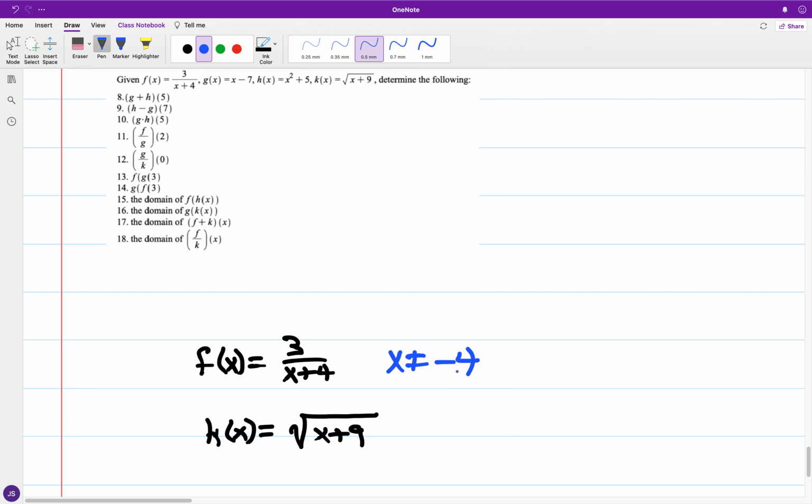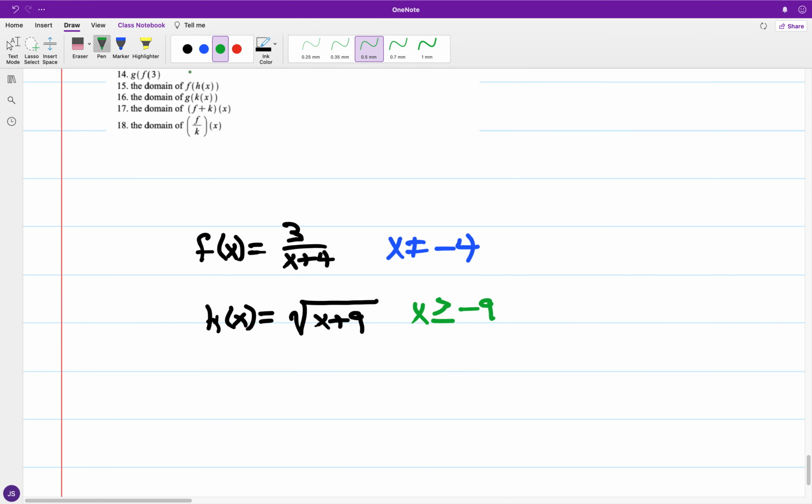And for k of x, x is greater than or equal to negative 9. And in the case of 17, for f plus k of x, x cannot be negative 4 to keep f defined, and to keep k defined, x has to be greater than or equal to negative 9.